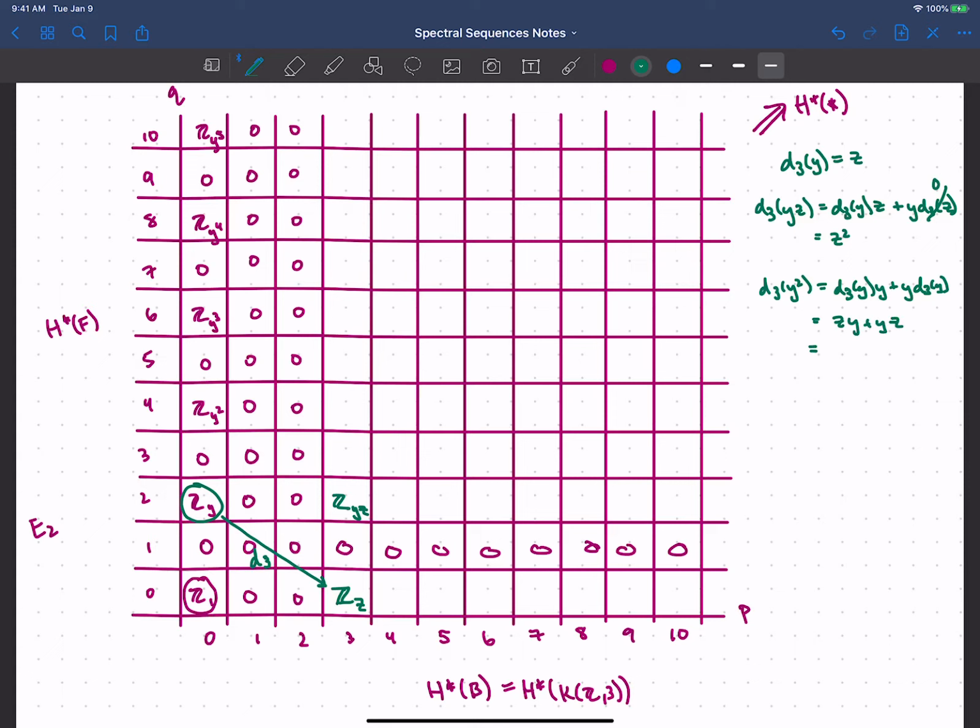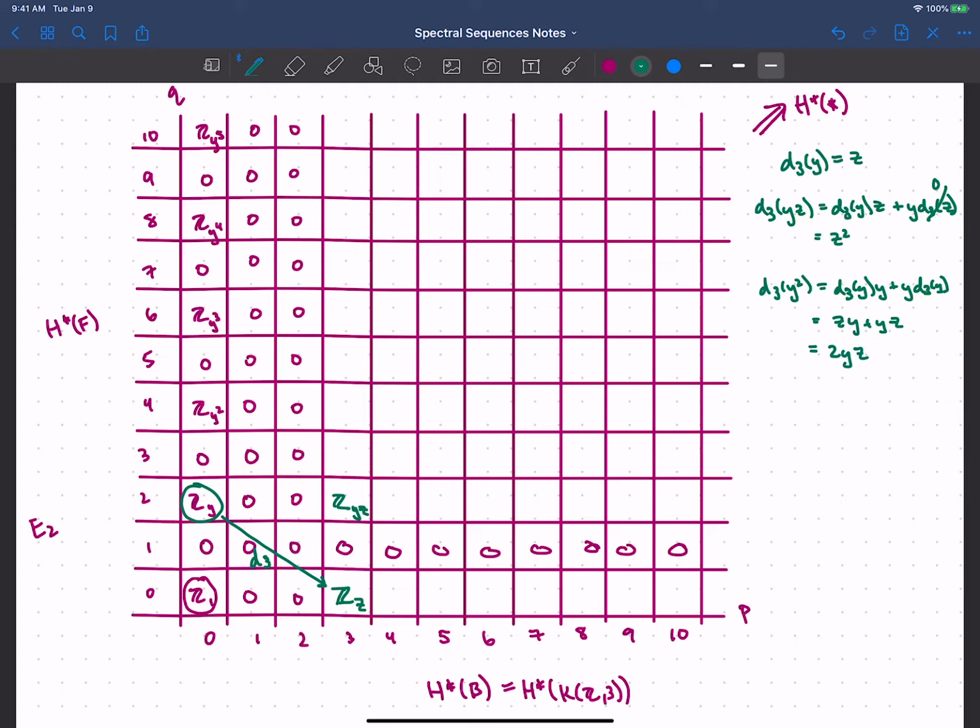Z is in an even degree, and remember that the cohomology is graded commutative, so we can swap the order of y and z as long as we do it at the cost of the minus sign, where we take the product of the degrees. Anytime one of them has an even degree, it's going to commute, so that is 2yz.